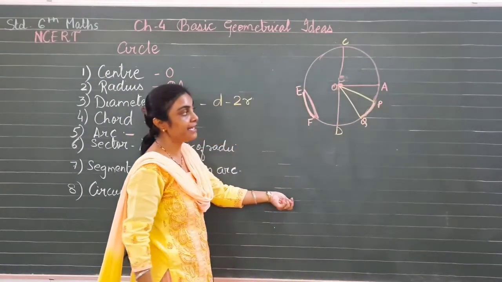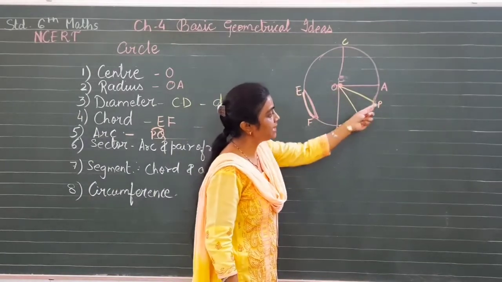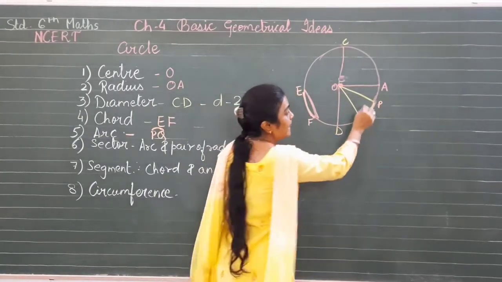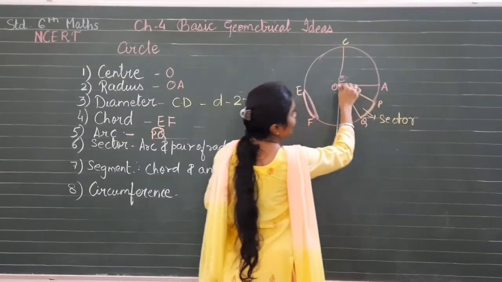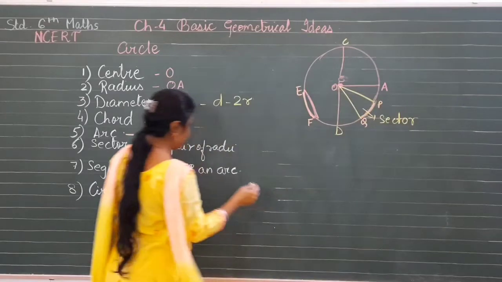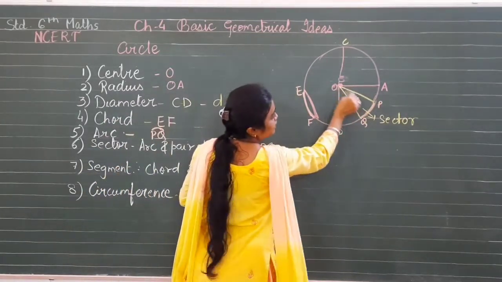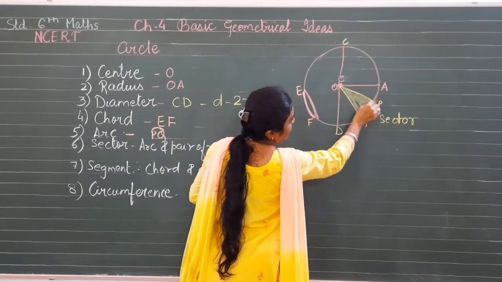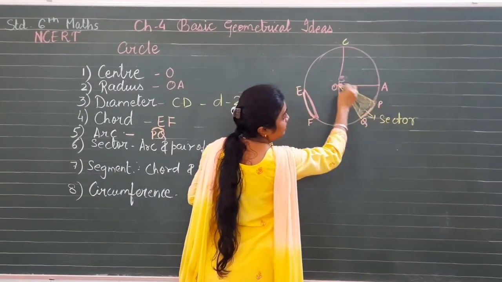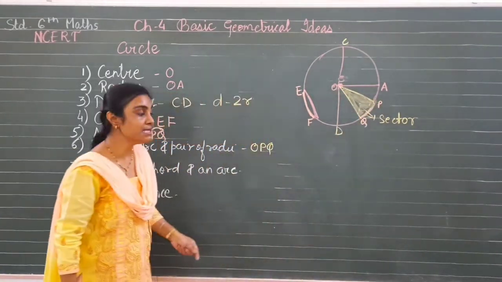An interior portion with a pair of radii and an arc makes a sector. So we can say OPQ is a sector. So this portion is said to be a sector.